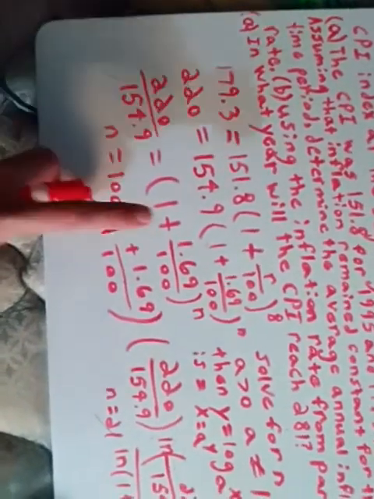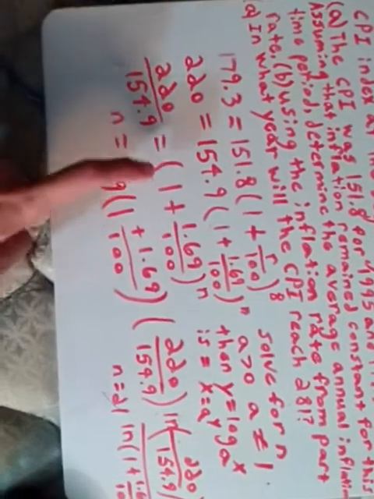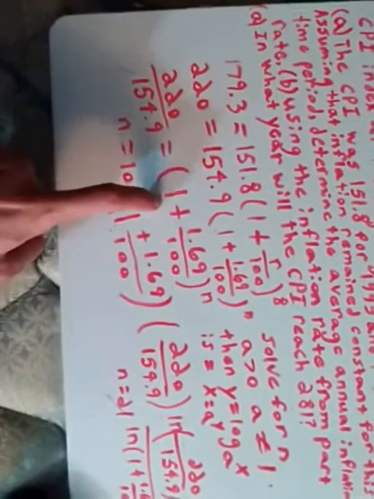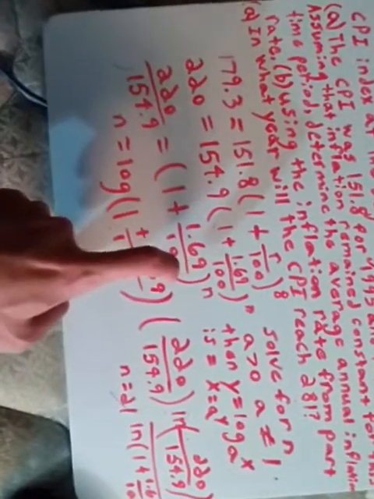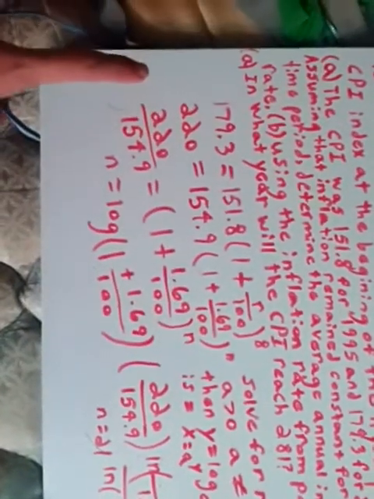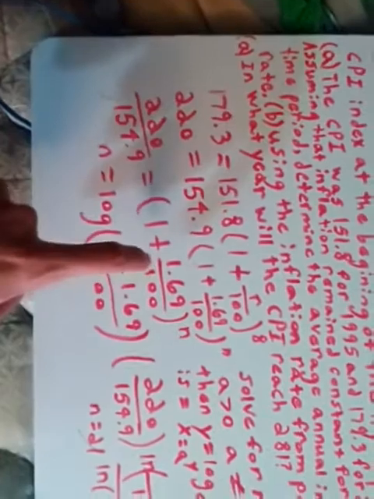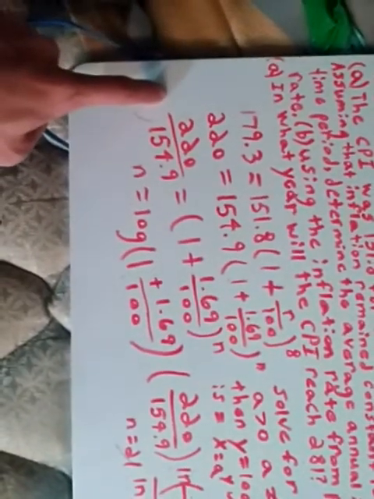Here I now have an exponent. I can clearly see this is the base, all of this part in parentheses, 1 plus 1.69 over 100, and it's being raised to the nth power.